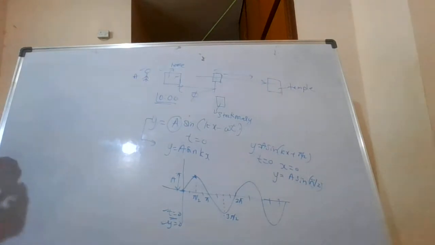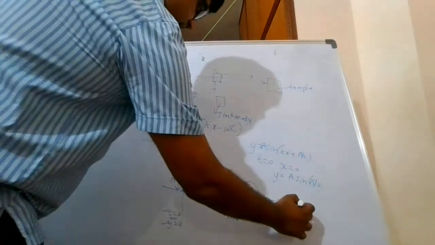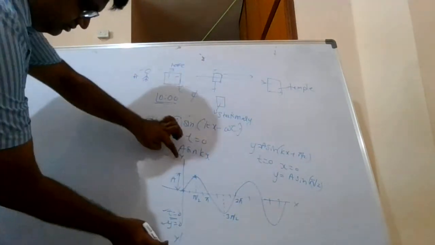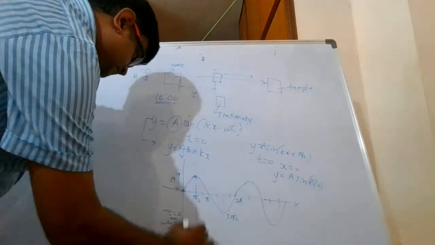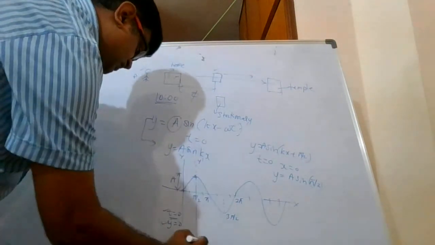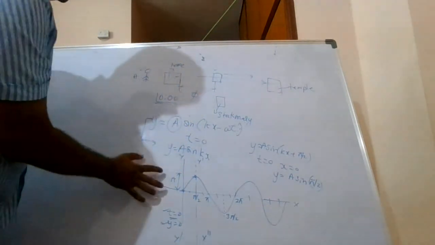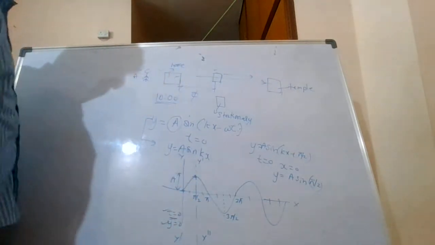If you carefully observe, let us say this is my x-axis and this is my y-axis. You just shift this axis to this point, y dash, y double dash. Is it looking like the y-axis got shifted by this much amount?